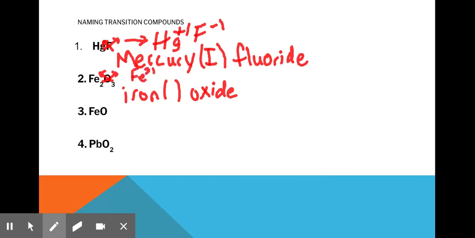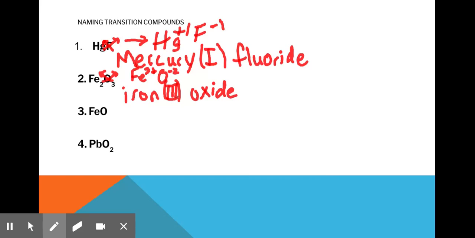Fe has a charge of +3. O has a charge of -2. Oxygen is supposed to have a charge of -2, and so the 3 next to iron is correct. Roman numeral 3 in the parentheses next to iron, iron 3 oxide.